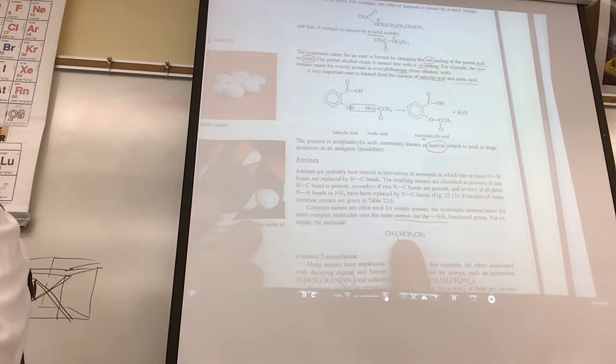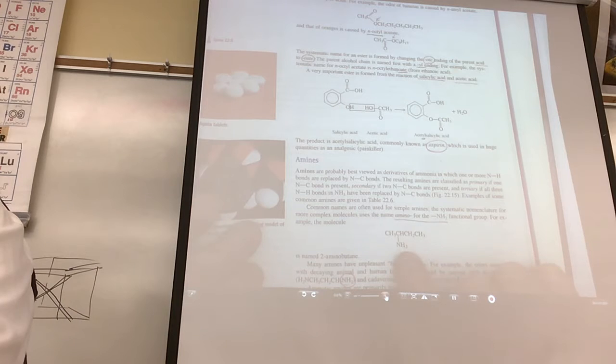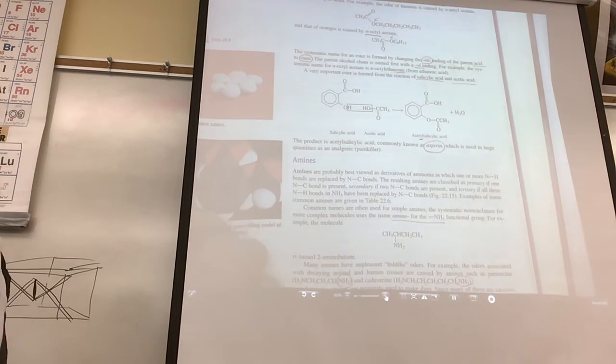How many other carbons are attached to that amine? This amine group here is attached to 1 carbon. Okay. So I think you did a good job.